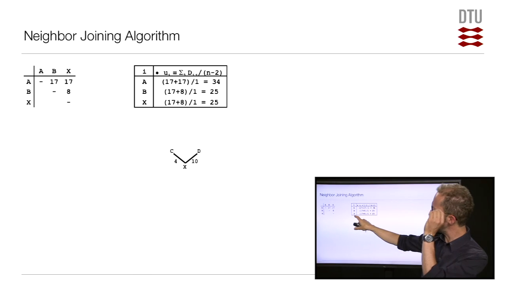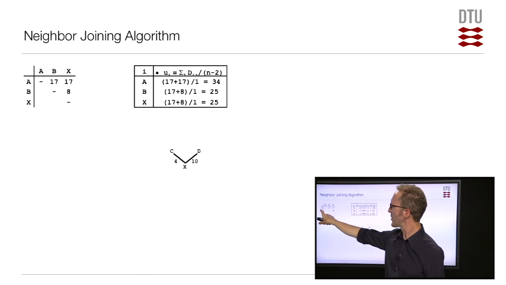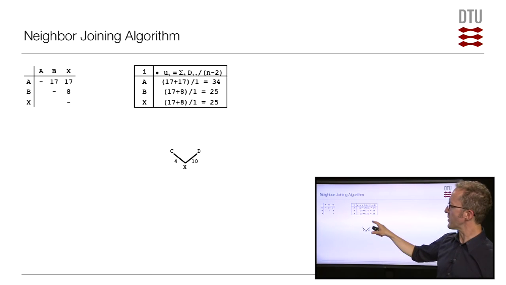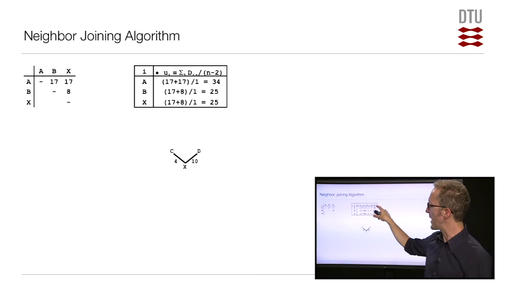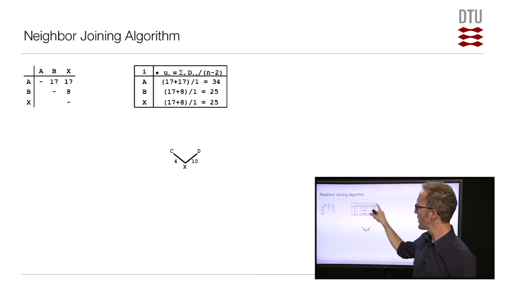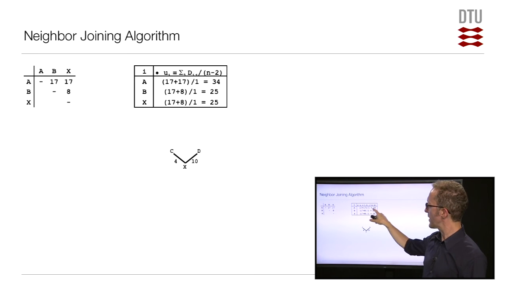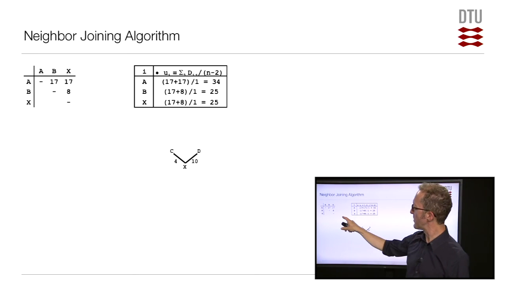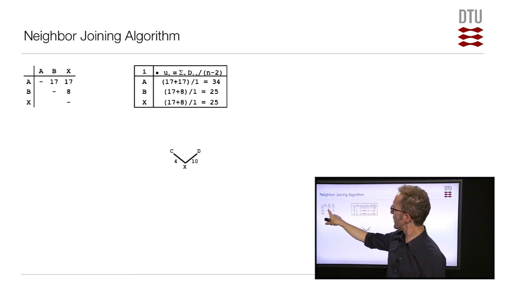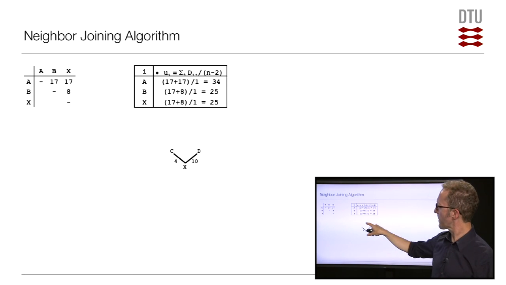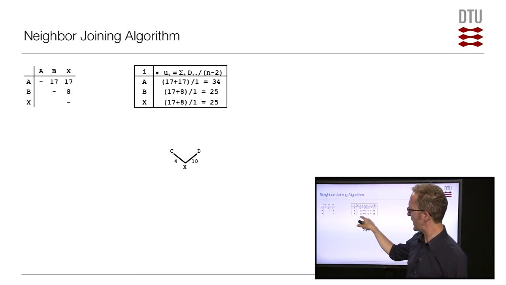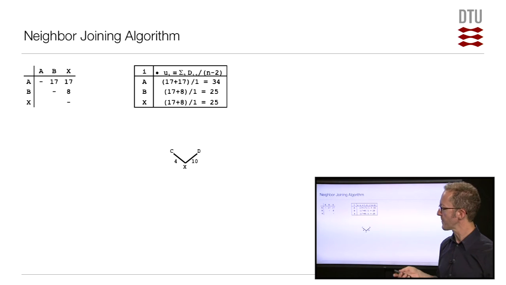So in the case of A, that's the distance to B plus the distance to X, 17 plus 17. We divide it by n minus 2. We now have 3 nodes, meaning we divide it by 1. 17 plus 17 divided by 1 is 34. For B, 8 plus 17 is 25. And finally, for X, 8 plus 17 is also 25.